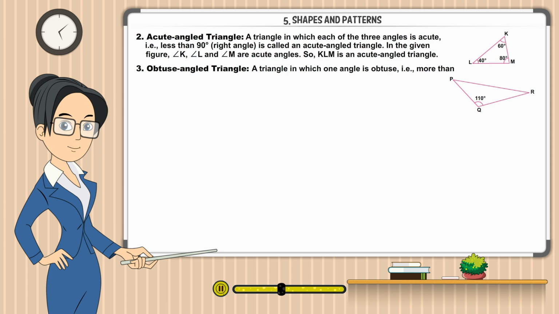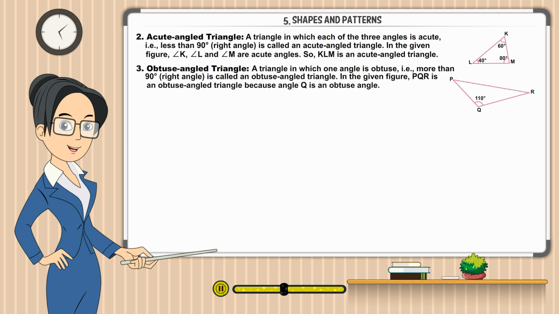Obtuse angled triangle. A triangle in which one angle is obtuse, that is more than 90 degrees, is called an obtuse angled triangle. In the given figure, PQR is an obtuse angled triangle because angle Q is an obtuse angle.